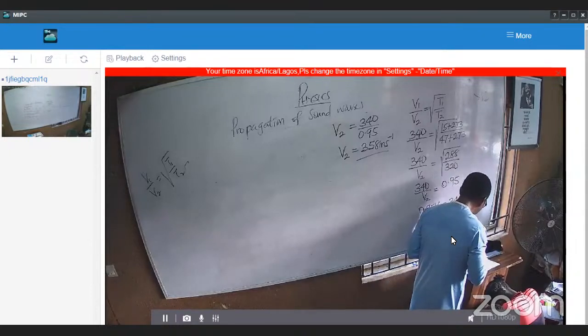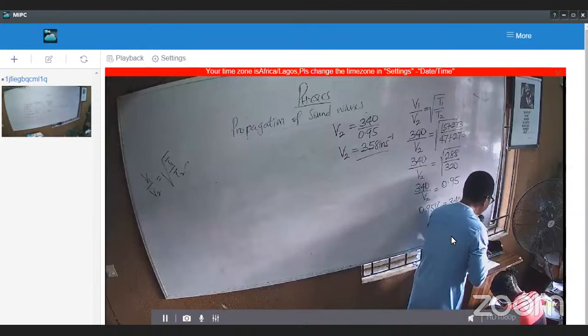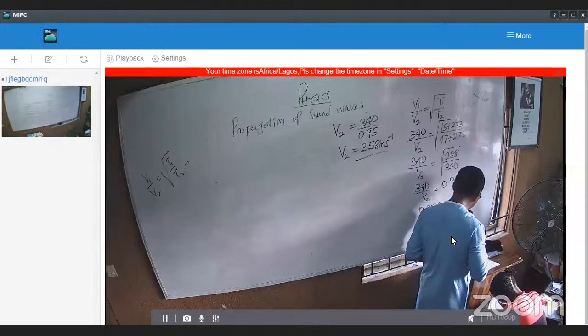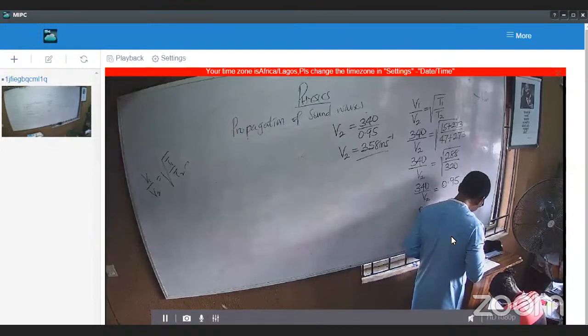Option A, sound needs a material medium. Option B, sound can pass through a vacuum.